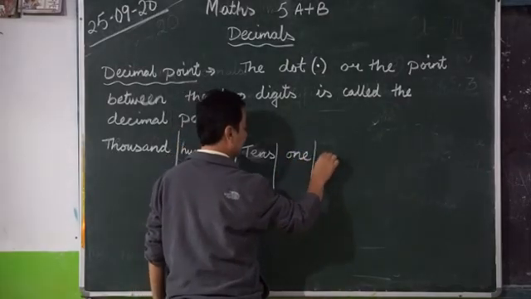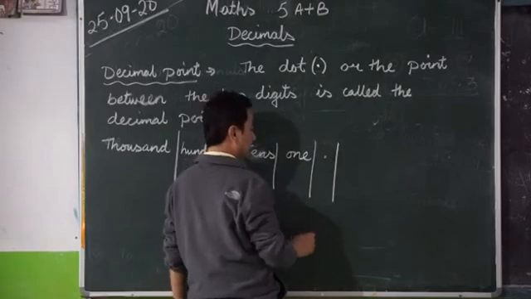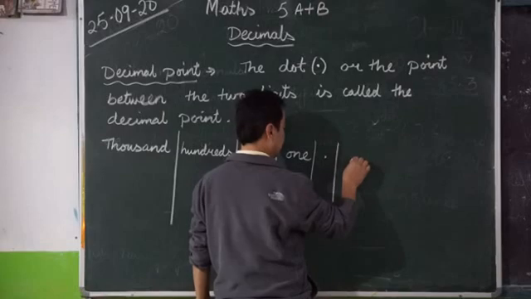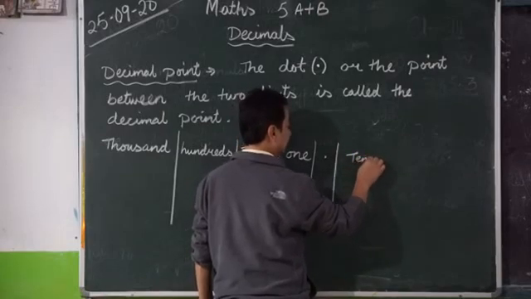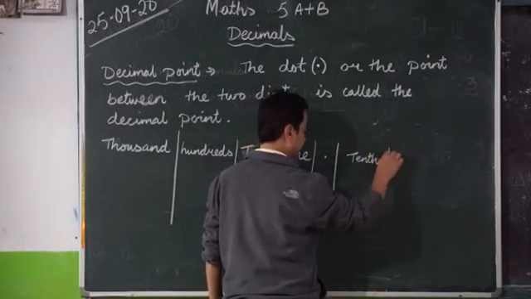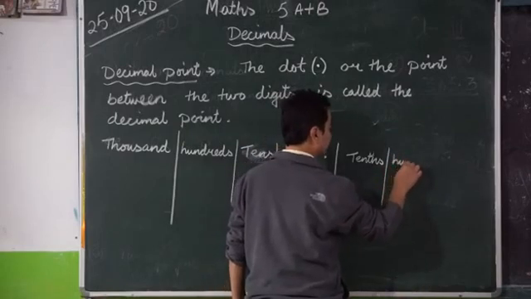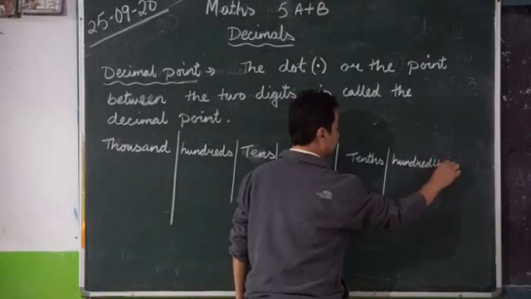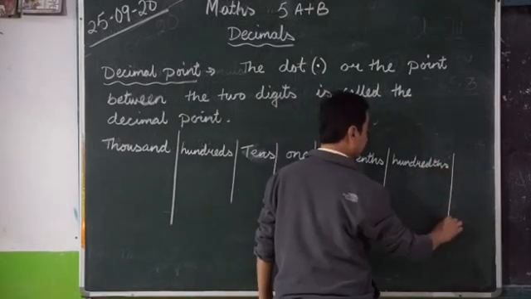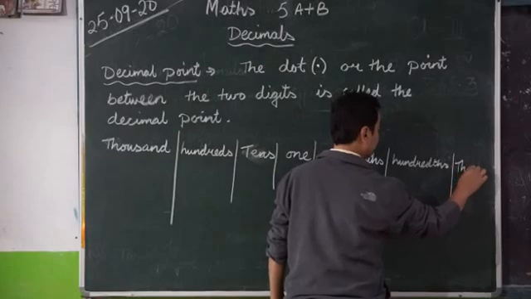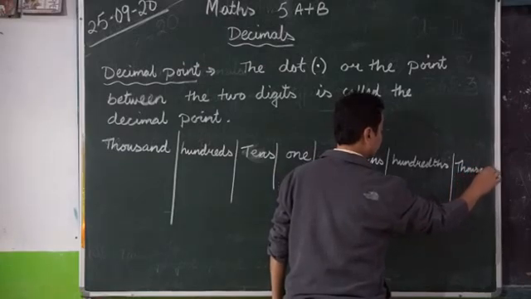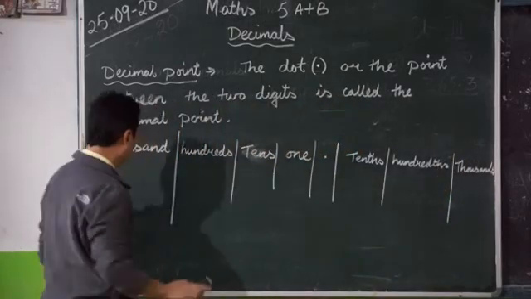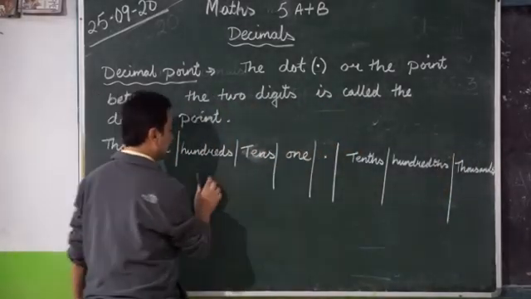Then we have a decimal point. Now, after the decimal point, we start with tenths, T-E-N-T-H-S. Then hundredths, H-U-N-D-R-E-D-T-H-S. And then thousandths. We are only going to do up to thousandths. But before that, I want to show you something. Let's keep writing this.